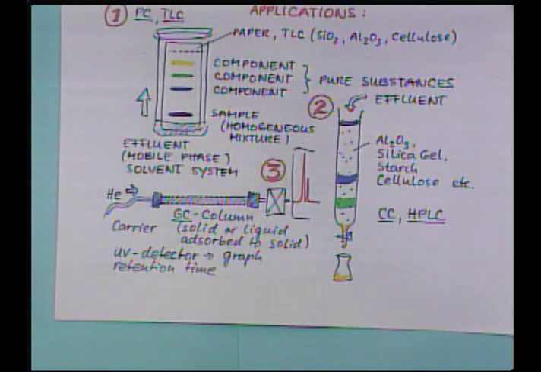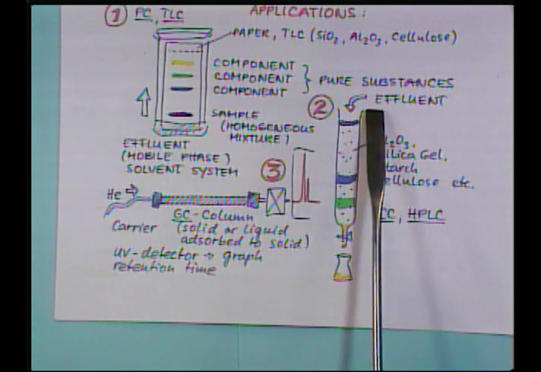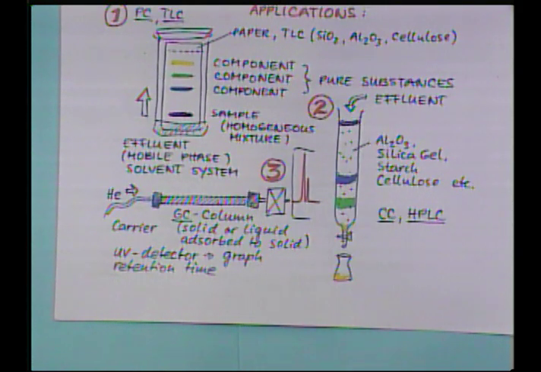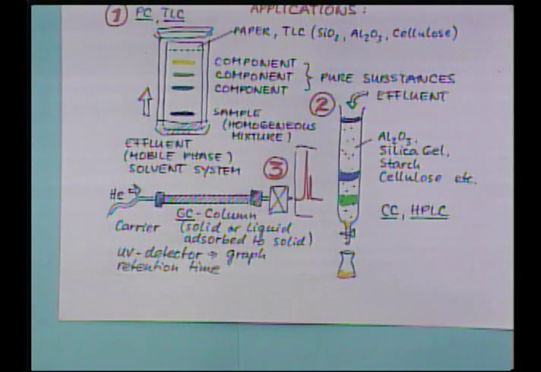Here we have an example of a column chromatography setup where we have a descending type of separation. We put our substance on top of a column that is filled with the adsorbing material, which can also be silica gel, aluminum oxide, or cellulose, or modern, especially formulated powders that will have to be gelled with some solvent and then filled into the column.